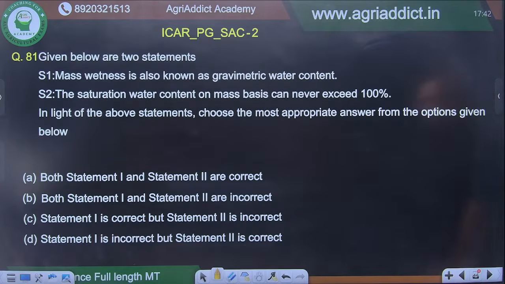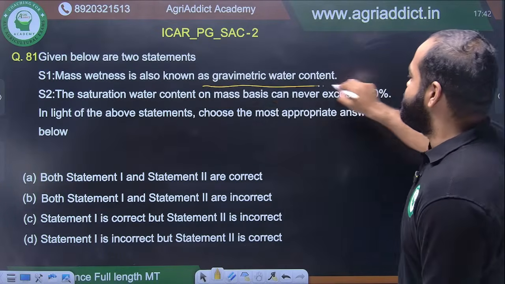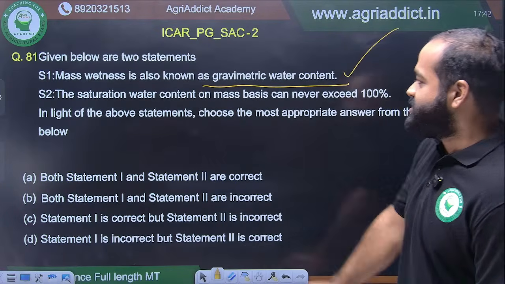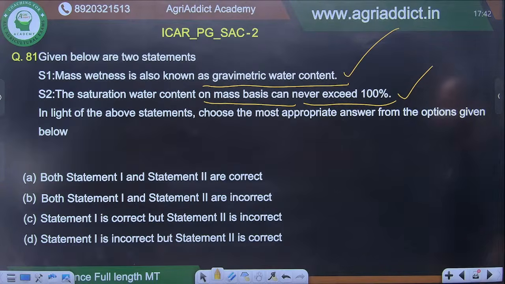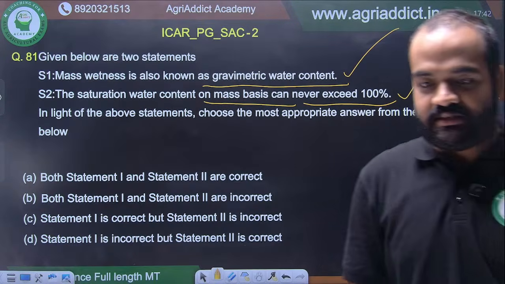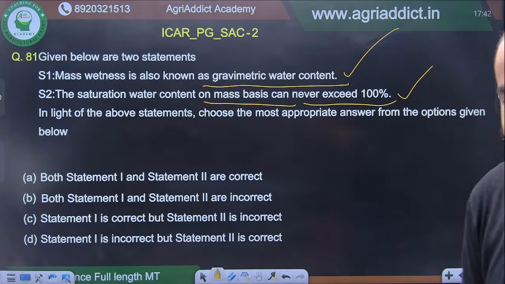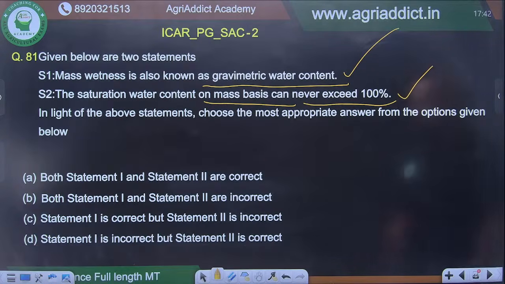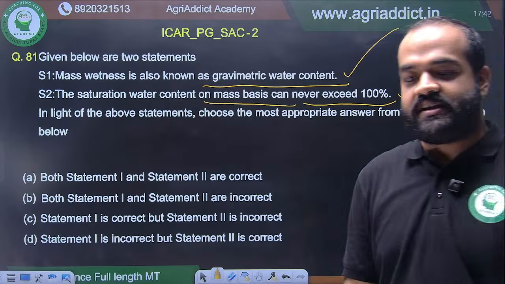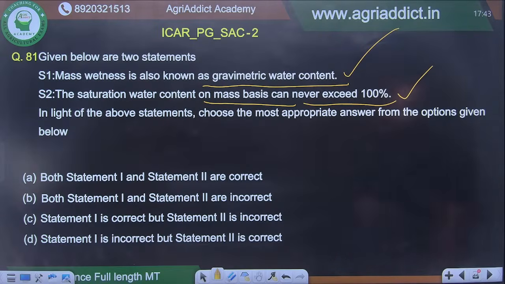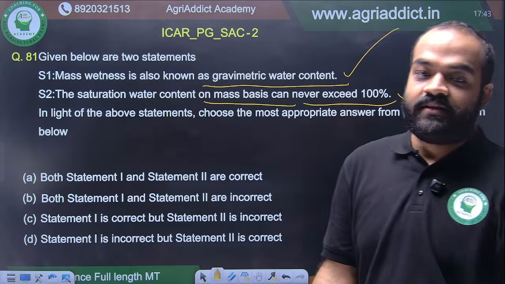Moving on, mass wetness is also known as gravimetric water content. The saturation water content on mass basis can never exceed 100%. Tell me, which of these statements are correct? Mass wetness is also called gravimetric water content. Is this correct? The saturation water content on mass basis can never exceed 100%. Is this correct? Use your brain.